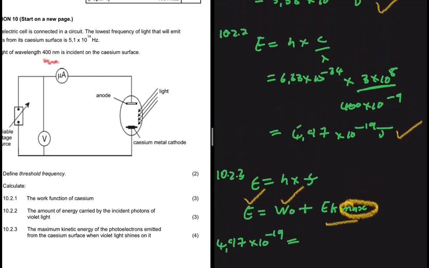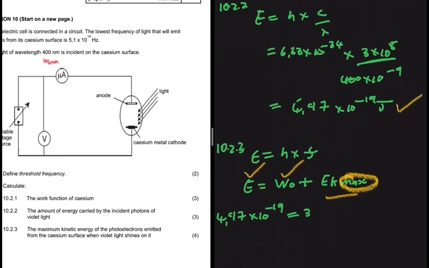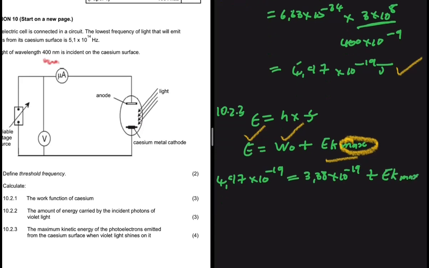This will be equal to the work function, which is 3.38 times 10 to the minus 19, plus EK max. For the faint-hearted ones, we just take this term to the left-hand side and we are done with our equations.